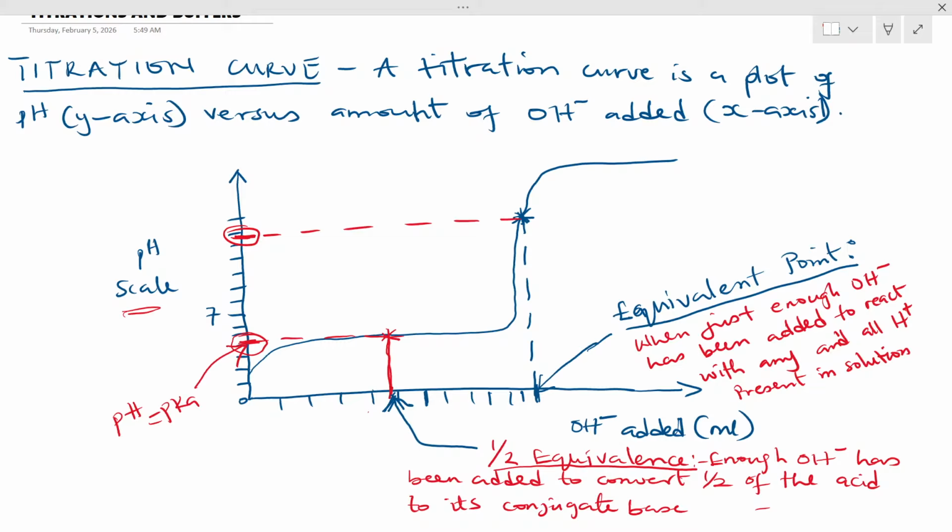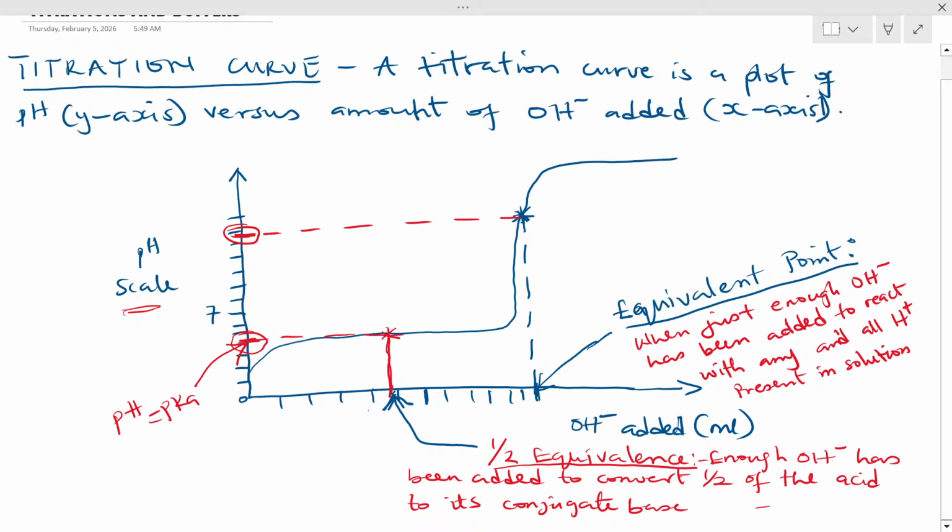Then we also talked about the half equivalence point, and we saw that the half equivalence point is just when enough OH minus has been added to convert half of the acid.